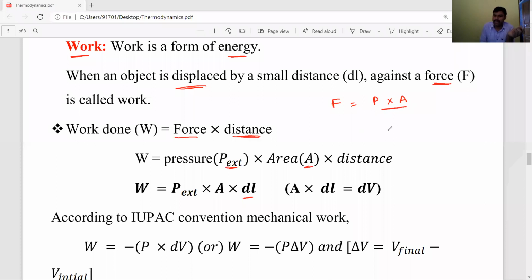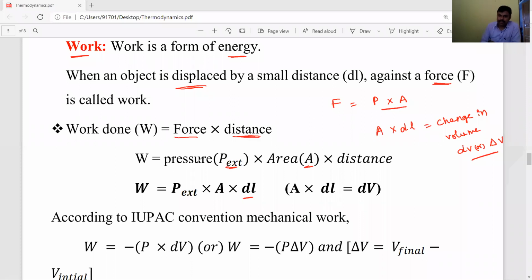We know that area into distance dl is nothing but change in volume. We can write this change in volume as dV or delta V also. Both symbols are the same, dV or delta V.